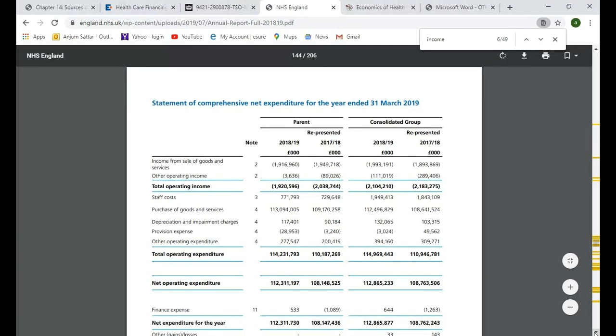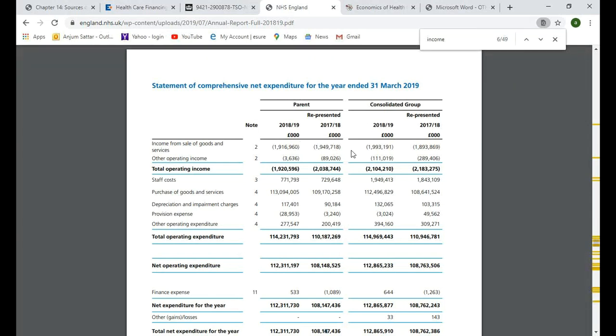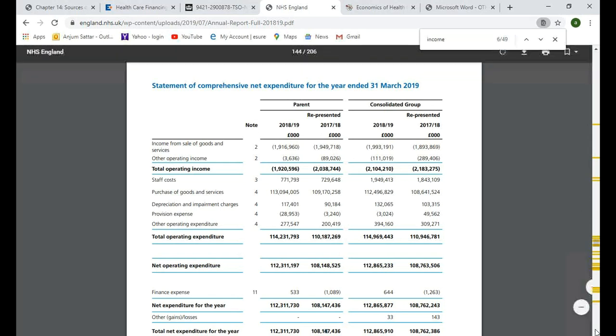the actual annual accounts of the NHS in England. These figures are all given in millions. So how much money is coming in and how much is going out, for 2017-18 and 2019.